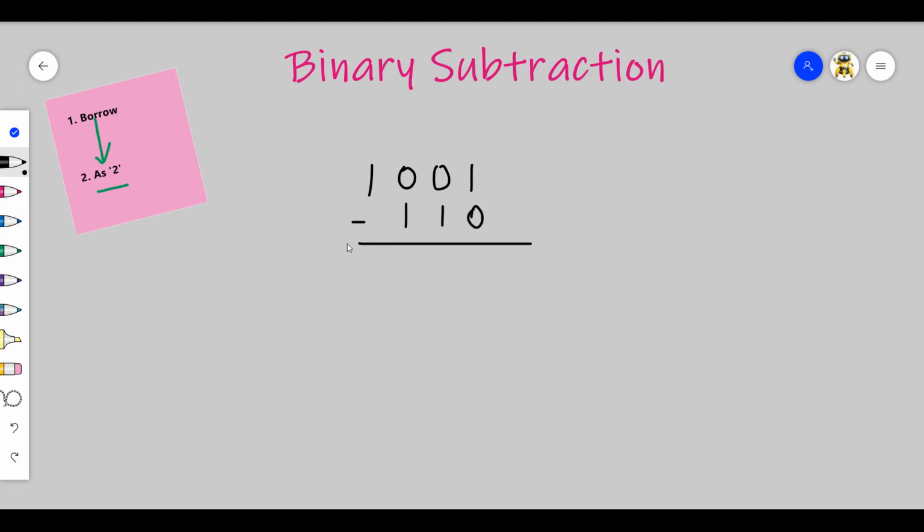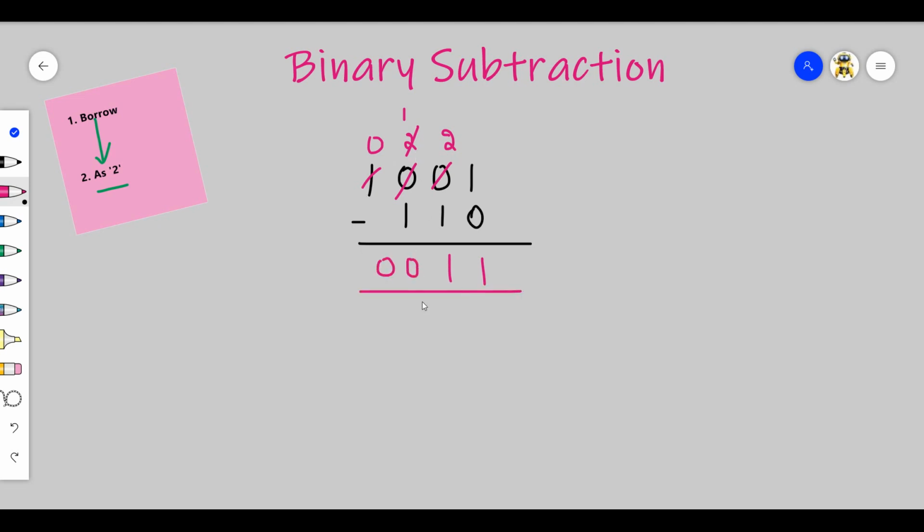So 1 minus 0 is 1, 0 minus 1 is not possible. Again, 0 minus 1 is not possible, so I need to borrow from there. So this is 0 and this will be 2, and I still need to solve this, so I need to borrow from here. So this will be 1 and this will be 2. So now 2 minus 1 gives me 1, and 1 minus 1 gives me 0, and that 0 will be down here.